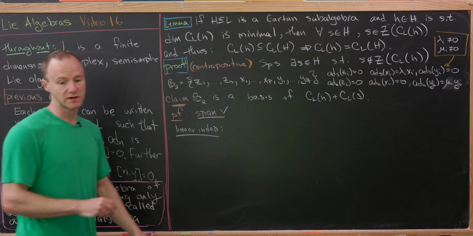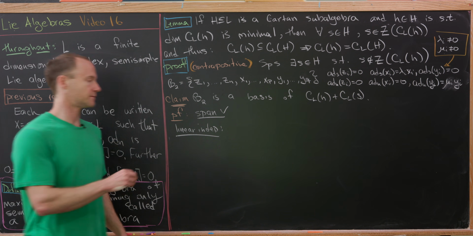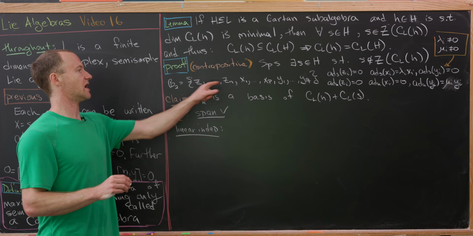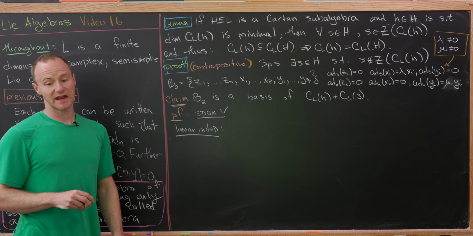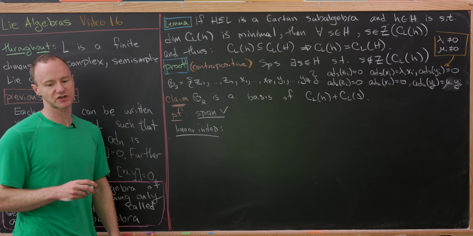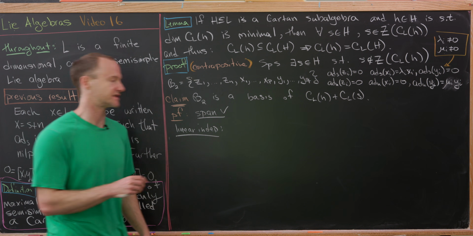Okay, so let's see how that might go. I'm going to take an arbitrary linear combination of these vectors that is set equal to 0, and hopefully each of the coefficients will be easily shown to be equal to 0.